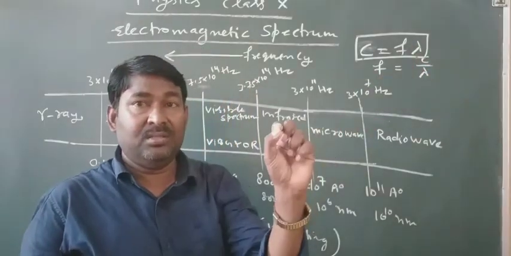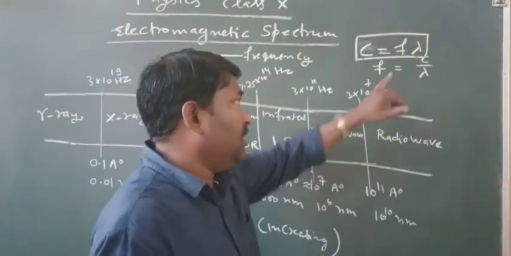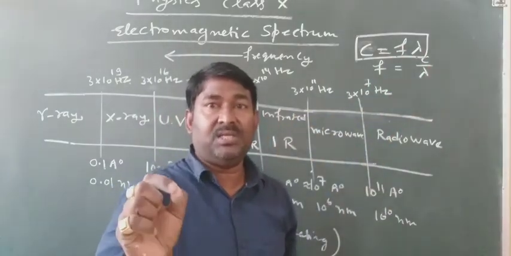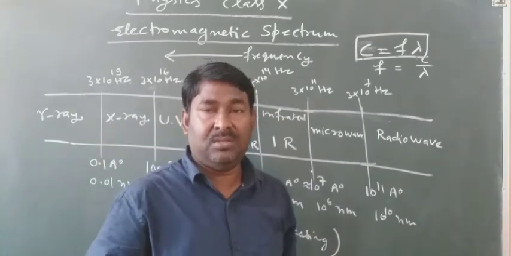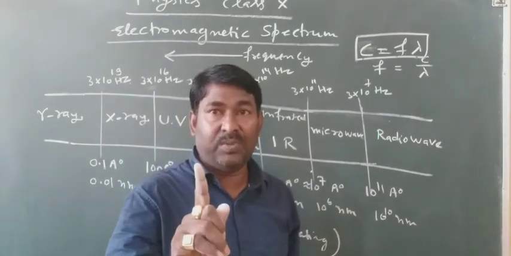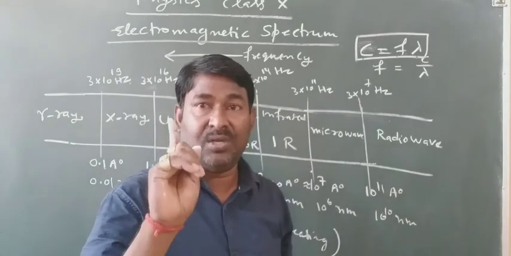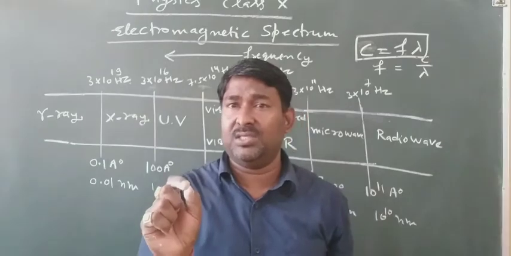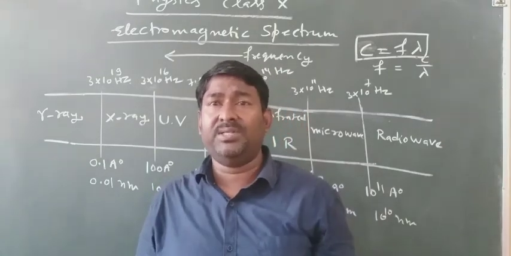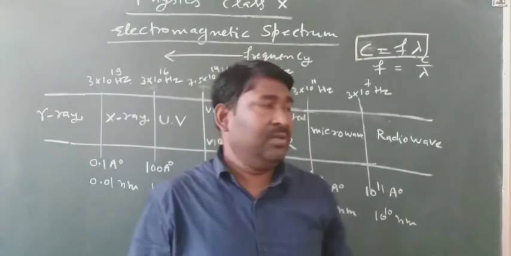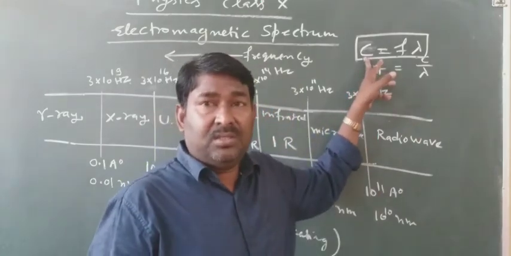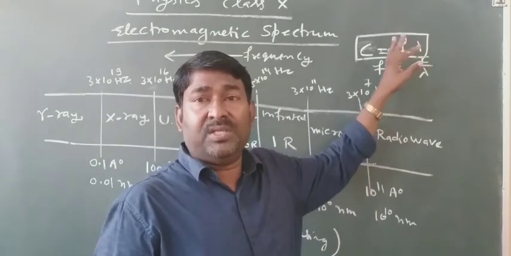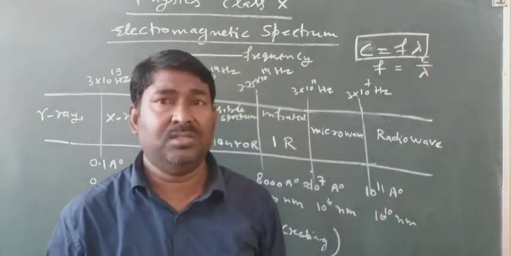The point you should note down is that frequency will never change. Frequency is source dependent. If the source of light or source of sound changes, then only the frequency of the wave will change. Otherwise, if velocity changes, lambda will change, meaning the wavelength will change, but frequency will remain unchanged. Alright.